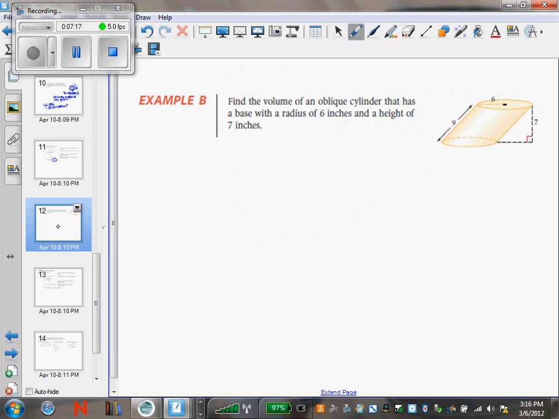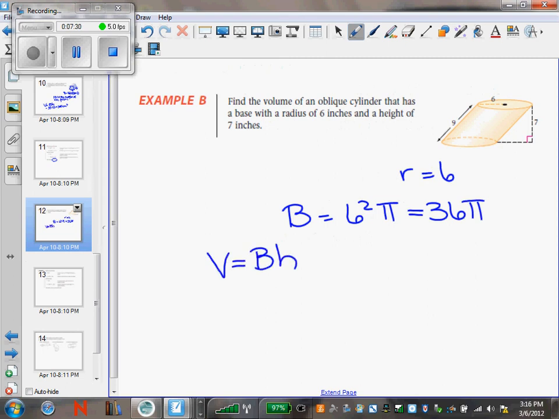Let's go back and look at it. The radius of our circle is 6. So big B is 6 squared times pi, or 36 pi. So our volume, which is big B times H, will be 36 pi times the height of the whole prism, which is given to be 7. That's that perpendicular length.